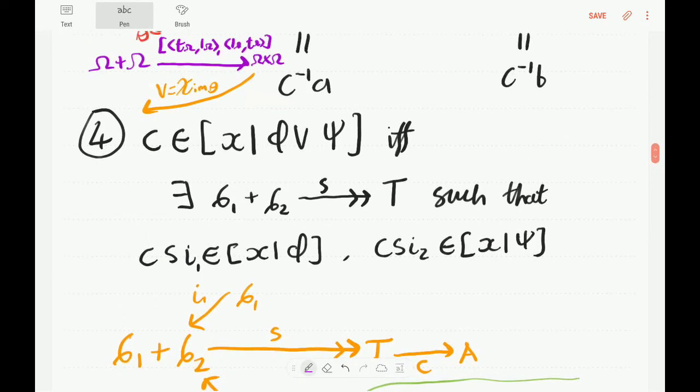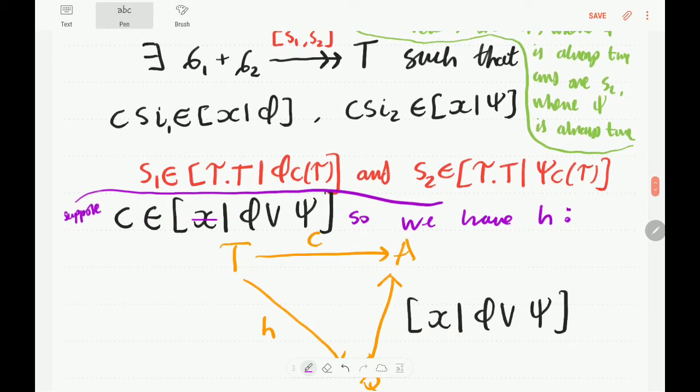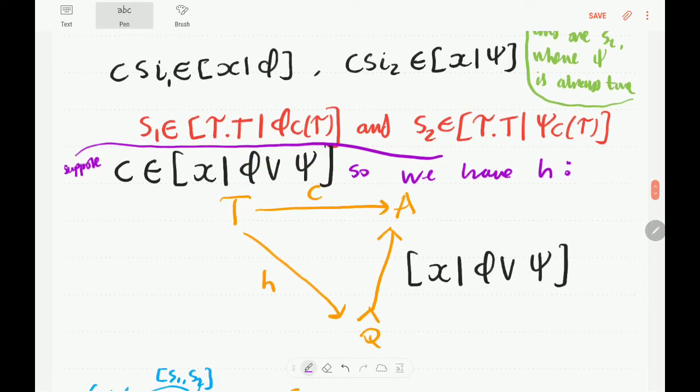Let's assume this to start with and try and show the other stuff. So suppose that C is in the extension of phi or psi. So then, because it's in it, we have this H.